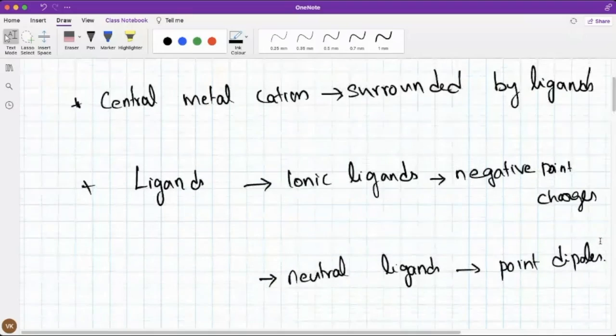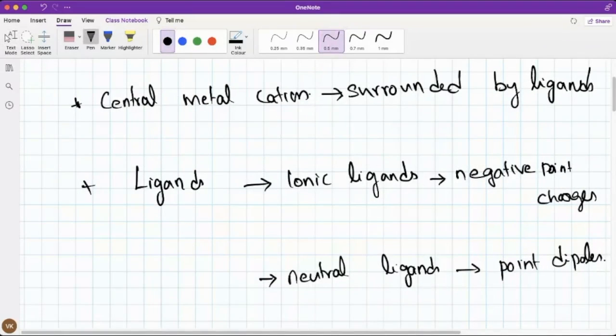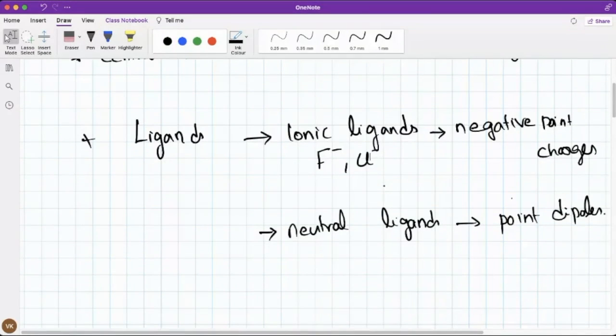So here the central metal ion will be positive, and you have ionic ligands which can have a negative charge, and you can also have neutral ligands which are point dipoles. For example, F minus, Cl minus, and here it can be something like carbon monoxide. So these behave like a ligand.